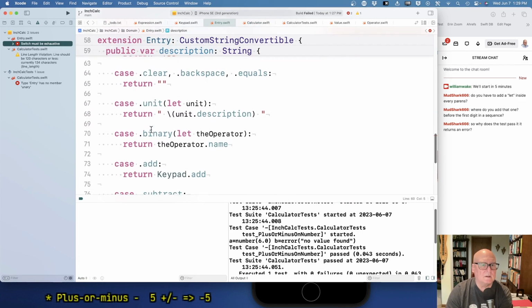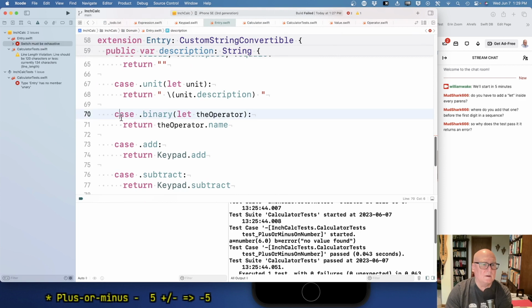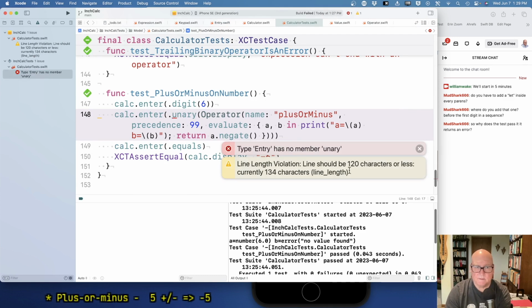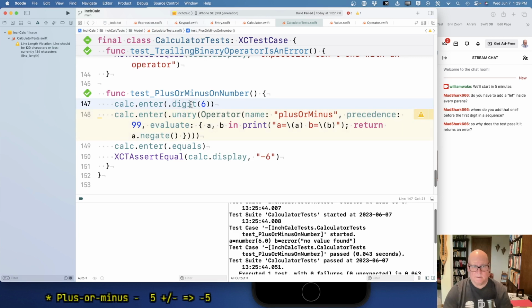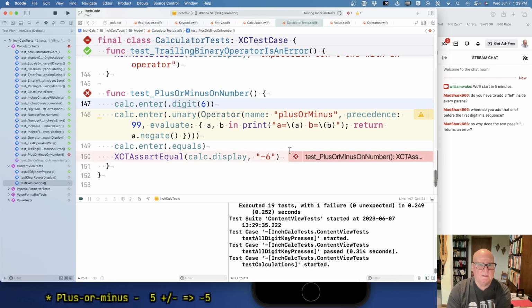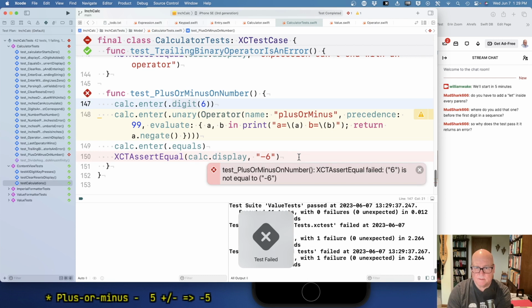Description. Should be the same. All right, let's try that again. Okay, what does it get?